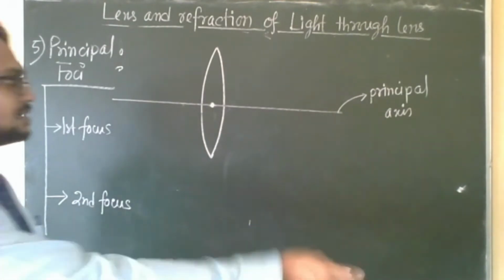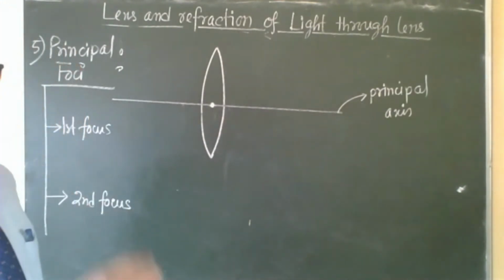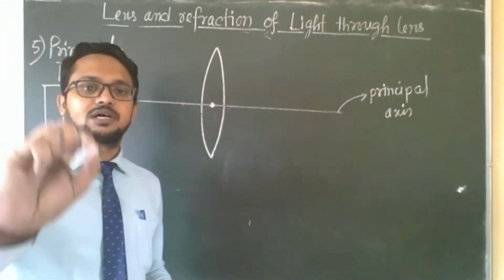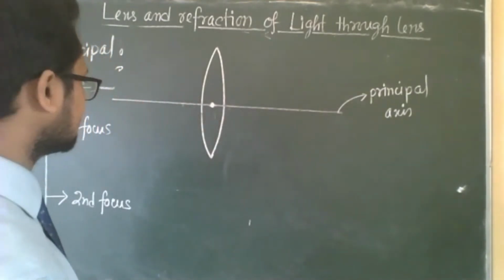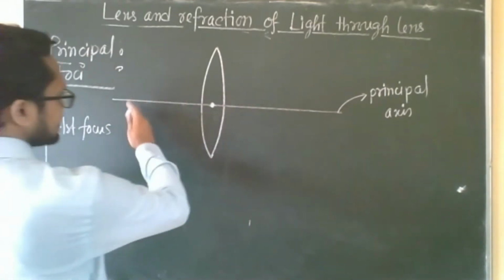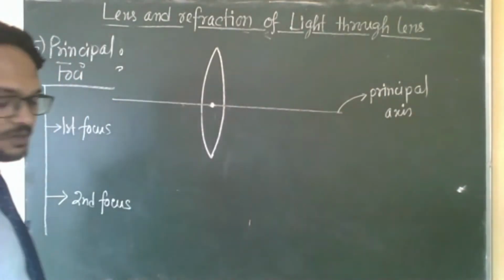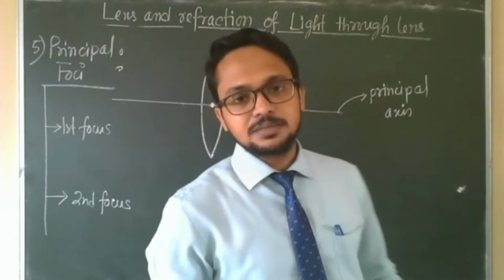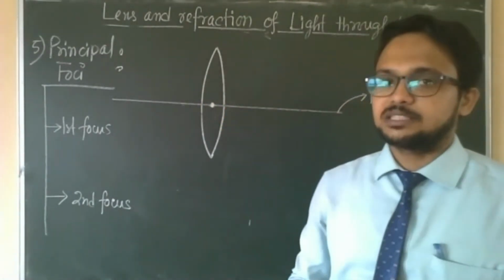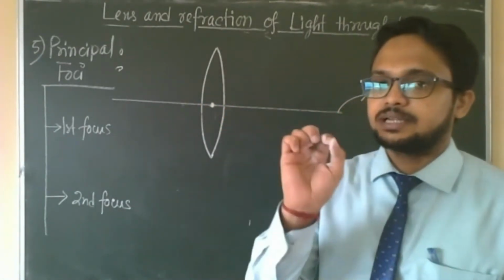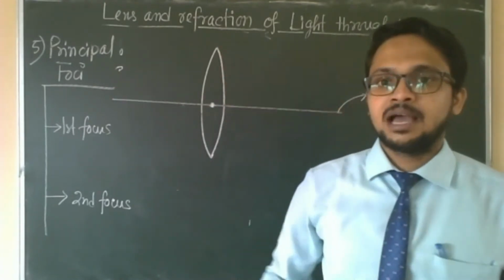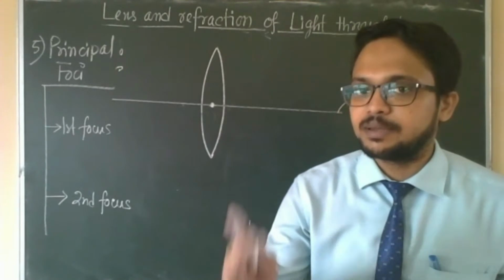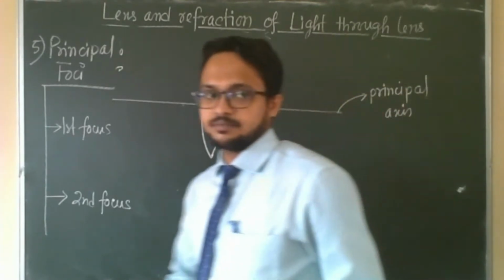First focus means what? First of all, the focus will lie on the principal axis. The two foci will lie on the two sides of the lens. Now, first focus means that point on the principal axis through which, when the light is incident on the lens, after refraction it will be parallel to the principal axis.